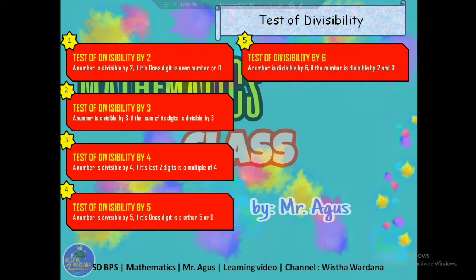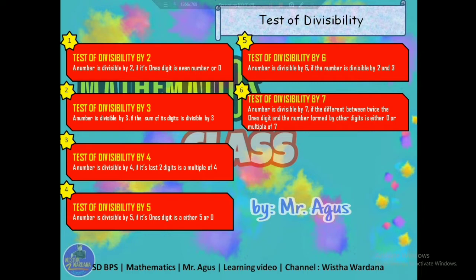Test of divisibility by 6. A number is divisible by 6 if the number is divisible by 2 and 3. It means the number given should be divisible by 2 and by 3.